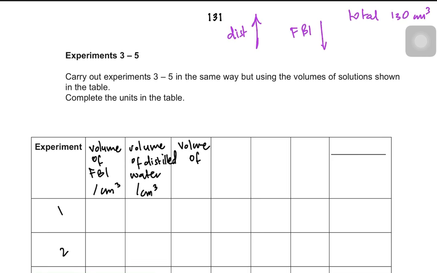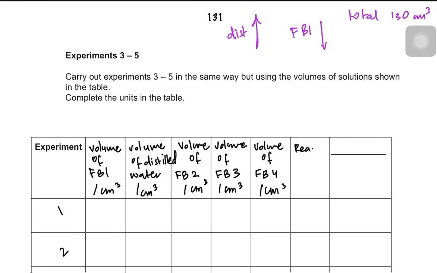Then I have the volume of FB2, again in cm³. Then volume of FB4, again slash units. So FB1, distilled water, FB2, FB3, FB4, and then units each time.